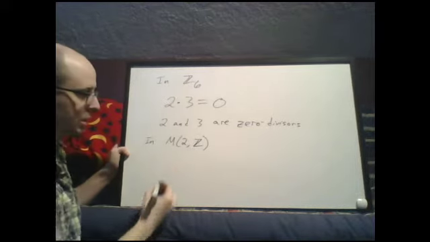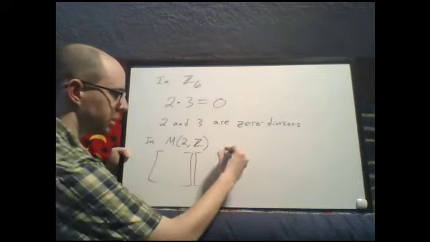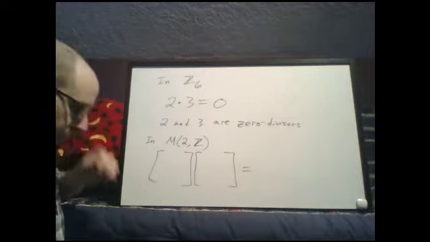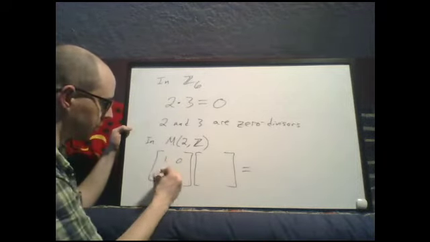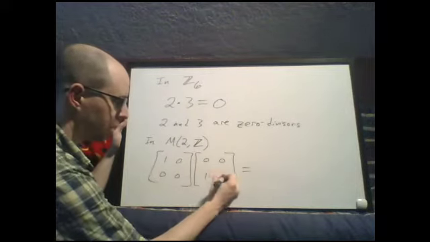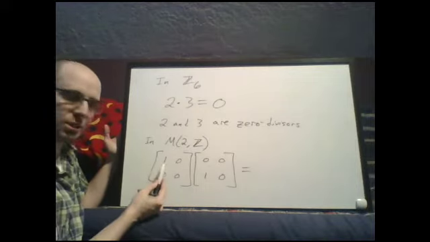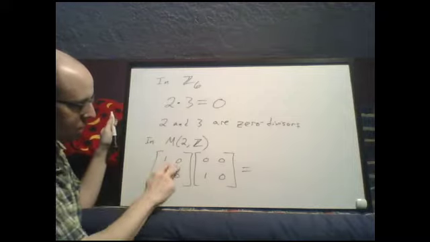In matrices, I can come up with two non-zero matrices that multiply to give me the zero matrix. So let me think for a second. Something like this: 1, 0, 0, 0, and 0, 0, 1, 0. If I multiply these two matrices, they're not the zero matrix because they have at least one thing that's not 0. But if I multiply this, I have 1, 0 times 0, 1.